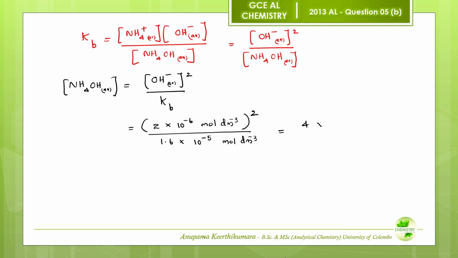That is 4 times 10 to the negative 12th divided by 16 times 10 to the negative 6th, which is 2.5 times 10 to the negative 7th moles per cubic decimeter. Therefore, the concentration of ammonium hydroxide required to start precipitation of manganese hydroxide is 2.5 times 10 to the negative 7th moles per cubic decimeter. This is the answer for question number 3.